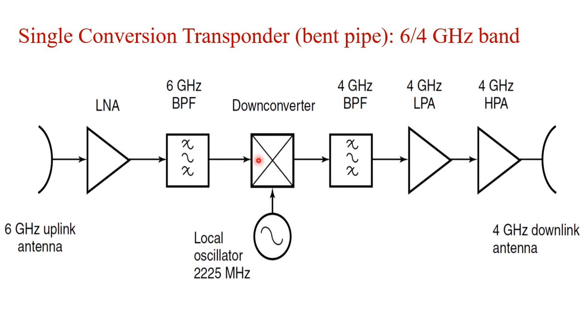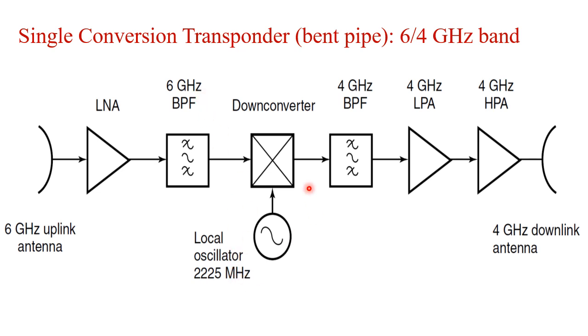For that, we use a mixer, and the other input of this mixer is a local oscillator at 2225 megahertz frequency. Okay. The output of the mixer, or the down converter, will be the sum and difference frequencies.